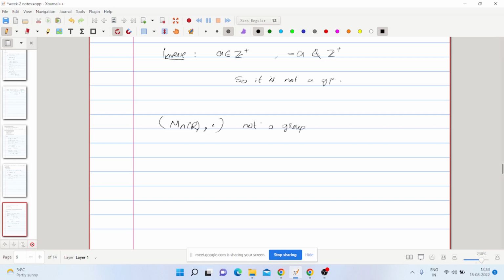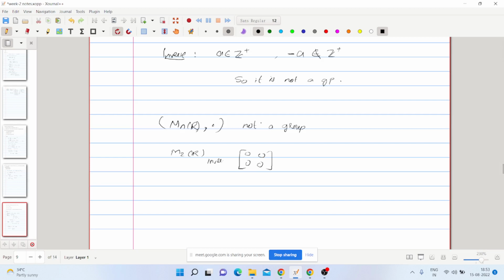What can you tell once again? Not a group. Because if I am taking some M2(R), a 2 by 2 matrix, say the zero matrix with all entries 0, is there any inverse for it?